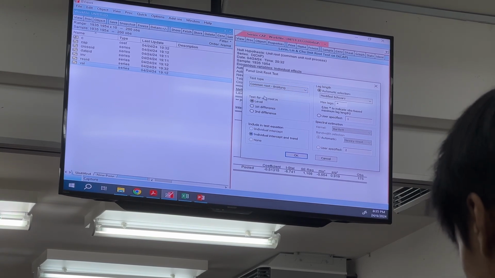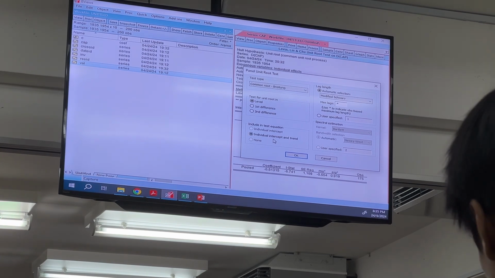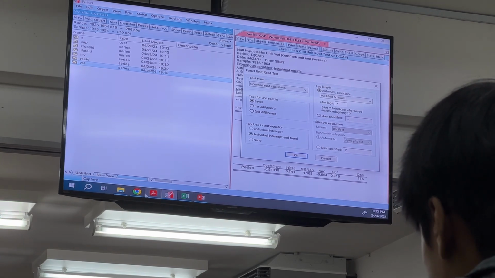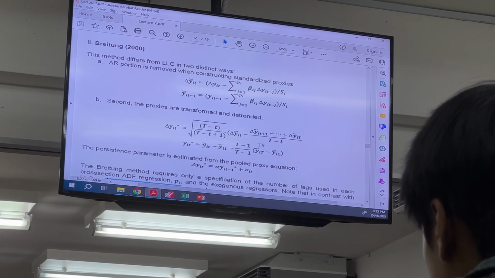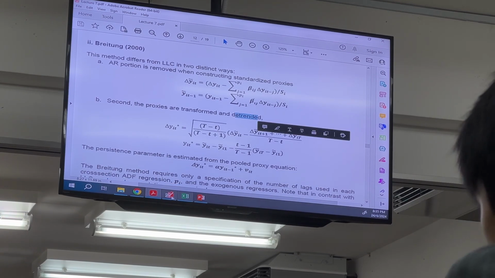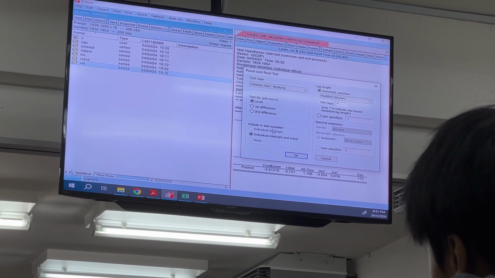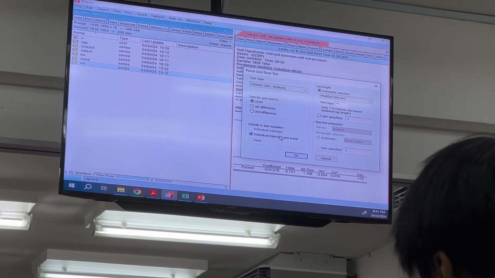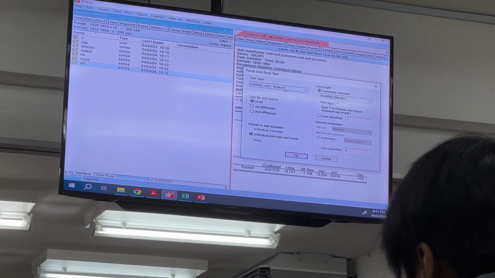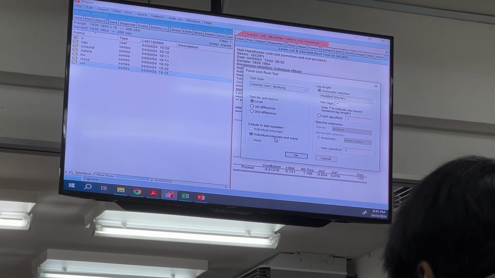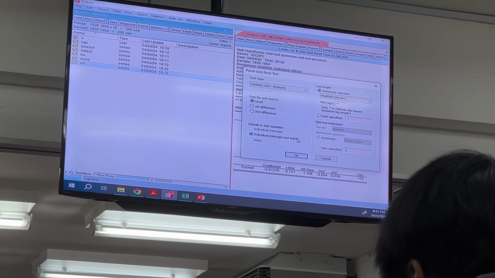For this breakdown, only the intercept and trend are allowed. So you do not have any other choice, because you can only include the intercept and trend in the breakdown test's auxiliary regression.